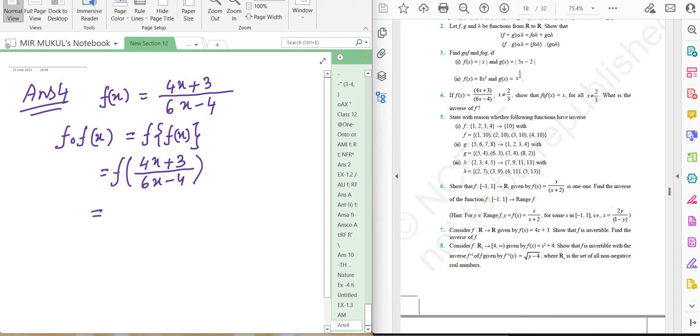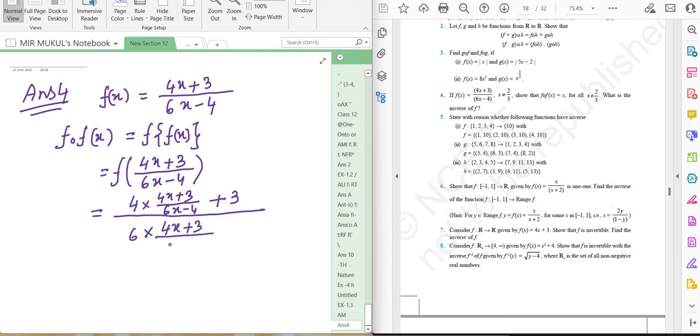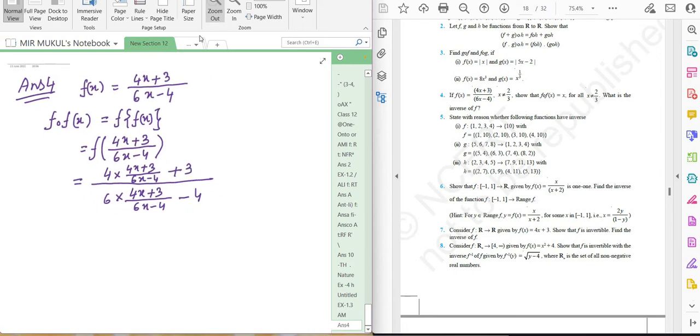Then f of this: in place of x we will put 4 into (4x plus 3 upon 6x minus 4) plus 3. In the denominator, 6 into (4x plus 3 upon 6x minus 4) minus 4, and now simplify.